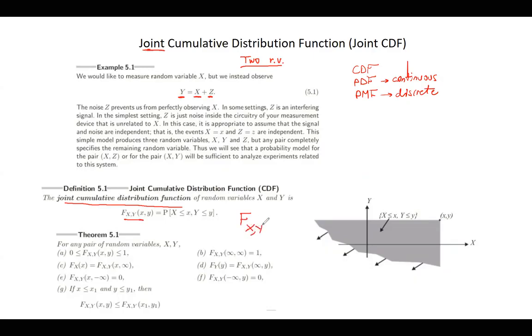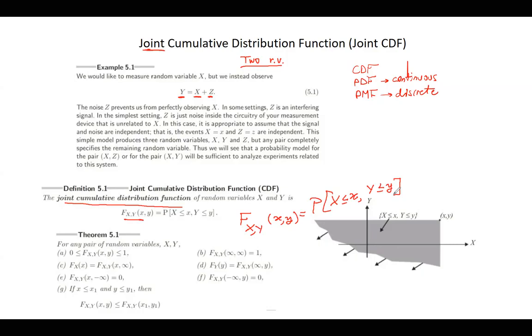These are capital letters, and small x, y. These are the values of these random variables. And this is simply defined as the probability that the random variable X is less than or equal to x, any value of x, and Y, the random variable, is less than or equal to y.